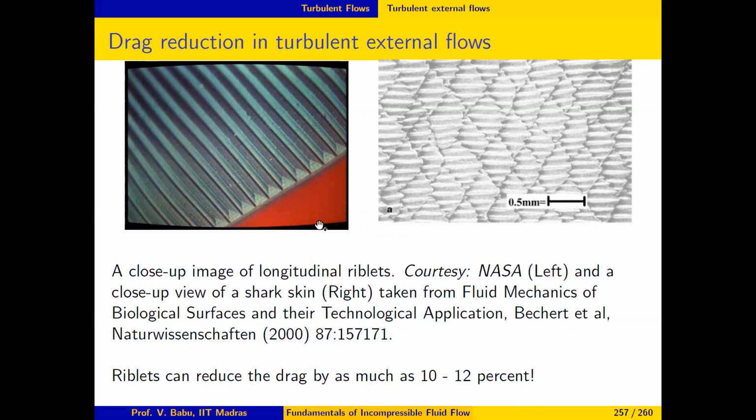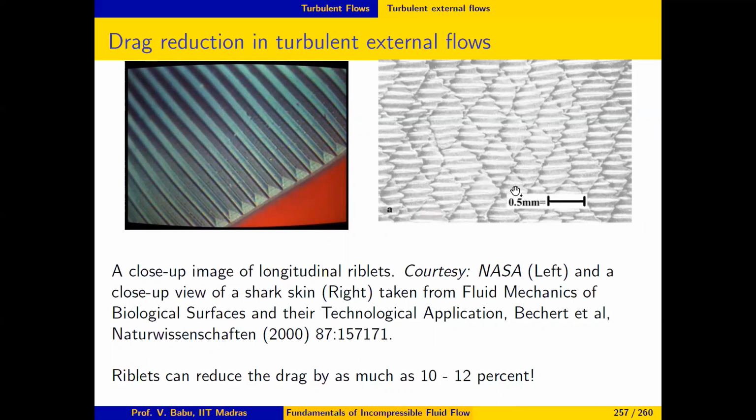One of the ways of reducing drag, which is what we are looking at here, in the case of turbulent external flow, is the so-called longitudinal riblets. The riblets are actually triangular serrations which are etched onto the surface, and the inspiration for these riblets comes from sharks.